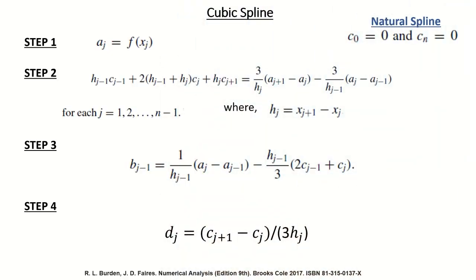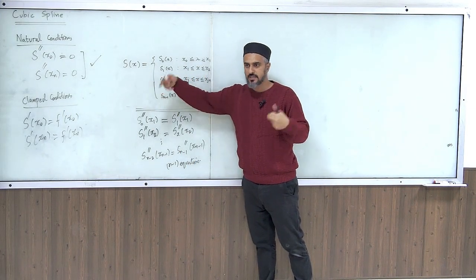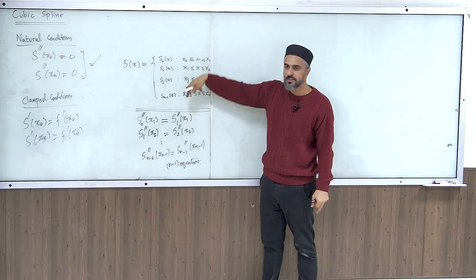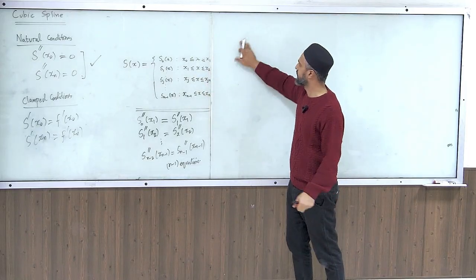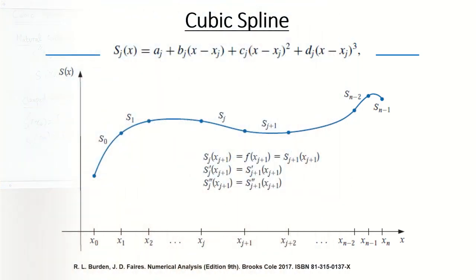Because if I talk about one cubic polynomial, which is a representation of the piecewise function, it will be Sj of x, and it is Aj plus Bj times (x minus xj) plus Cj times (x minus xj) squared plus Dj times (x minus xj) cubed.